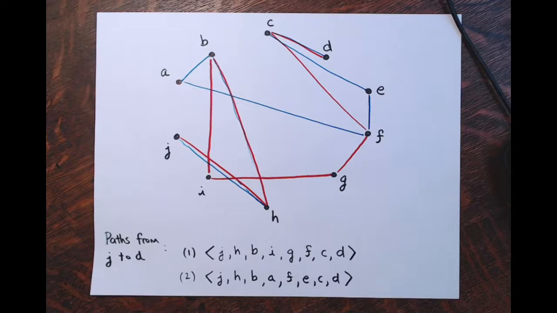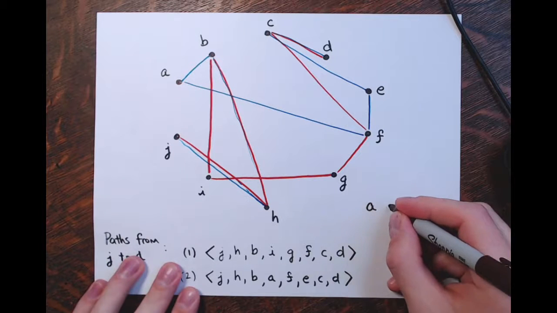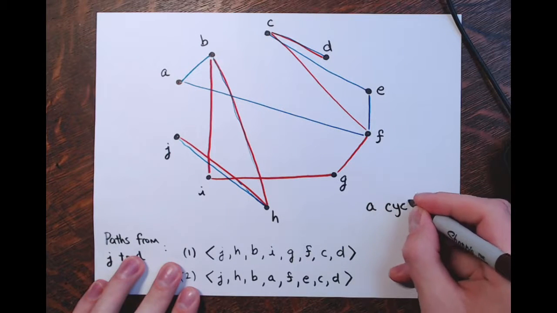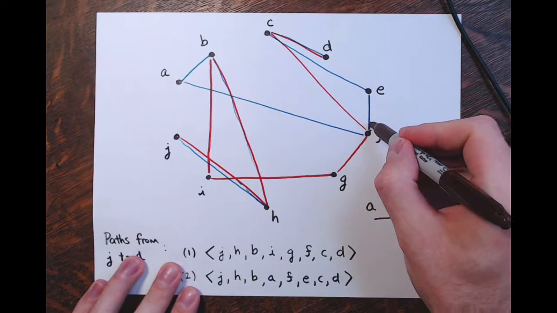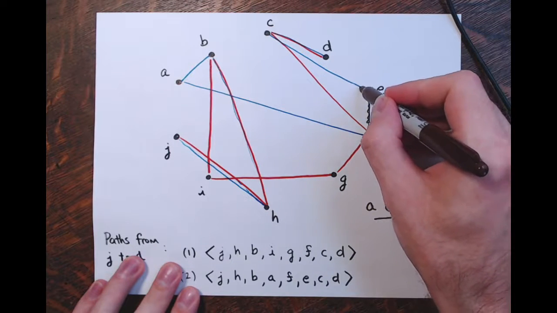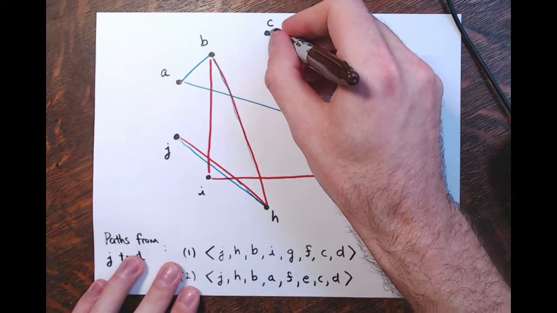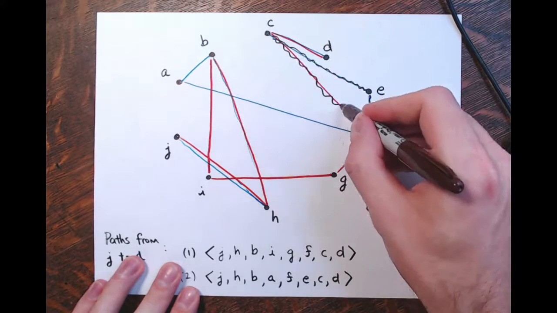Okay. Now, can we see a cycle in this? I can. Now, there's lots of cycles. This isn't the only one, but look at all these edges, the red and blue edges that I have here. These all belong to the graph. So here's a cycle I can see in this graph. I can go from F to E to C, right back to F, can't I?